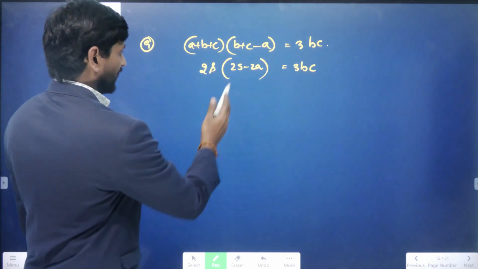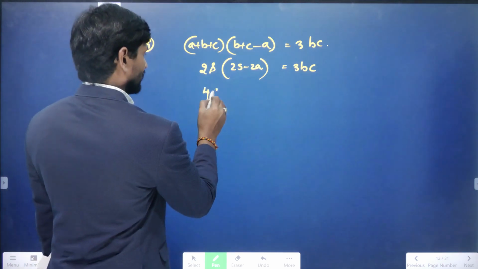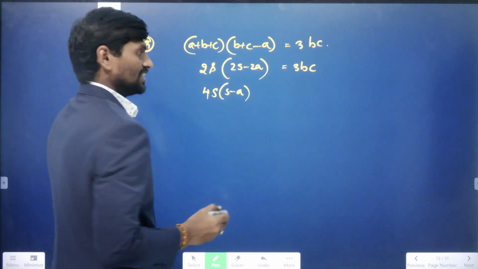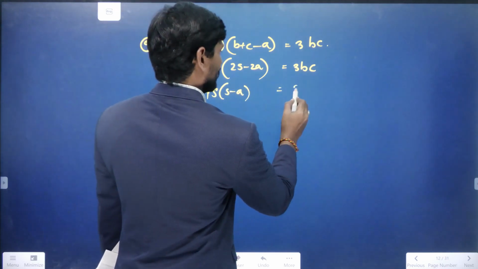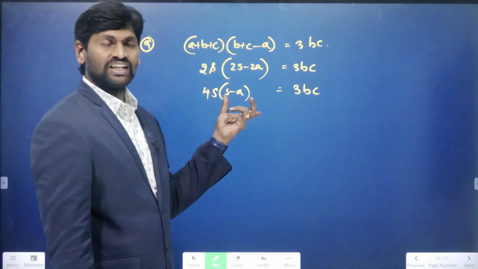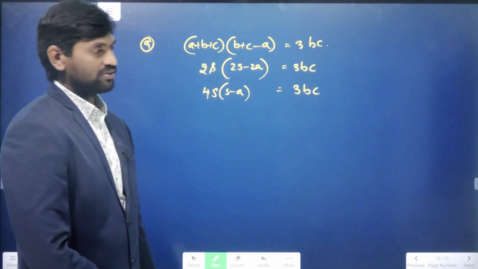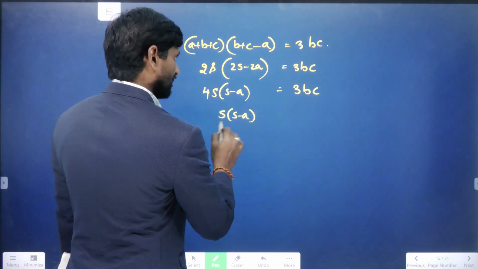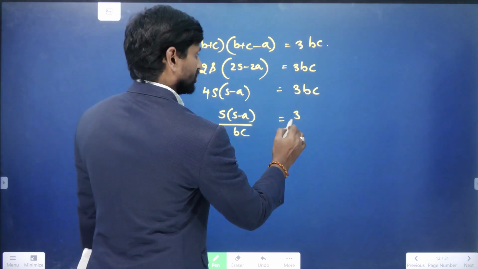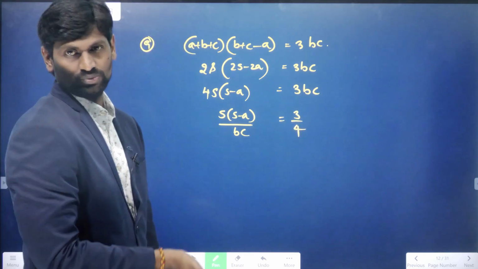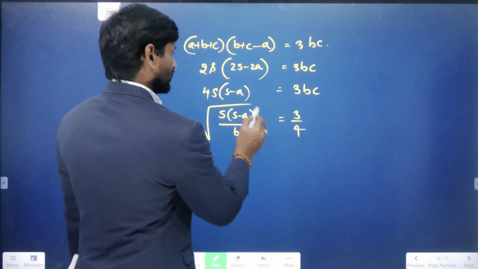Okay? So if you take common here, that is 4S. Means 2 common. 4S into S minus A. This will be S into S minus A by 3 into BC. But whenever I can see S into S minus A, I can recognize that cos formula, cos A by 2. So this BC I am dividing this side, S into S minus A by BC equals to 3 by 4. That means I am just transforming the variables one side and numbers one side. Apply square root both sides.